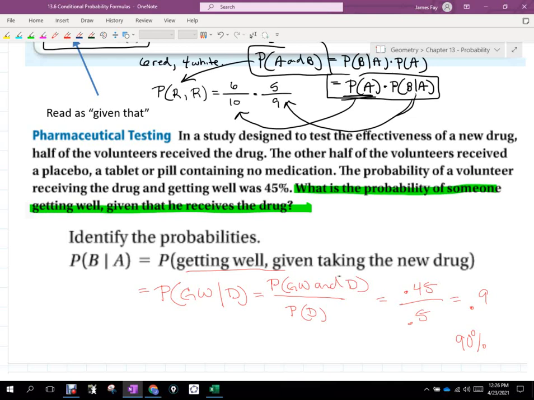Does that make sense? That 90% was never realized or explicit in the study, but we can run through these probability formulas to get that to appear.